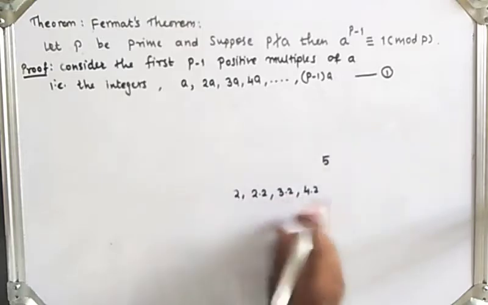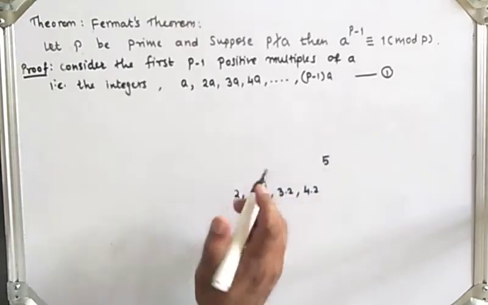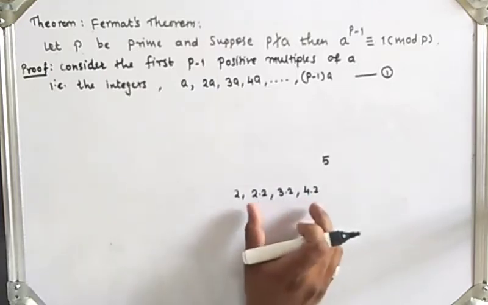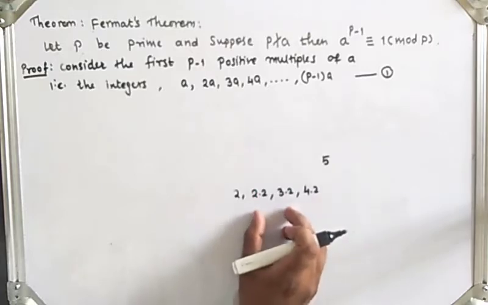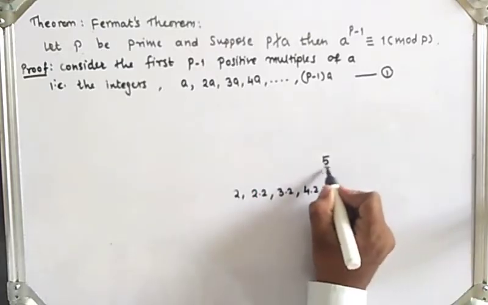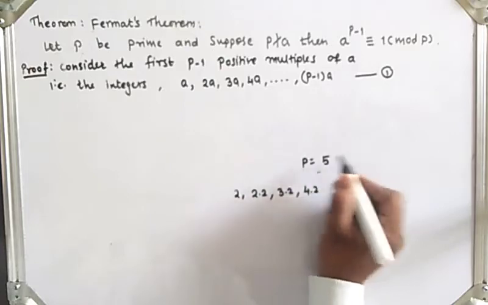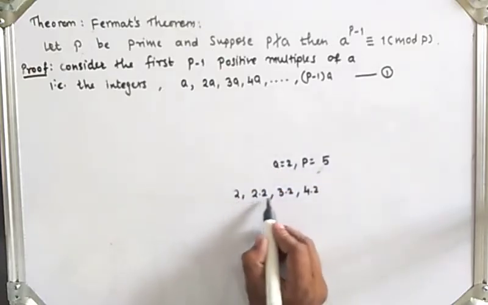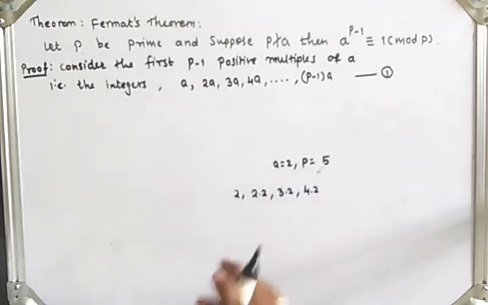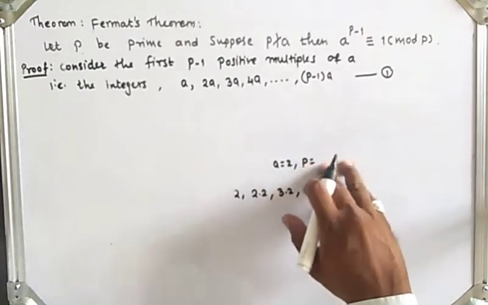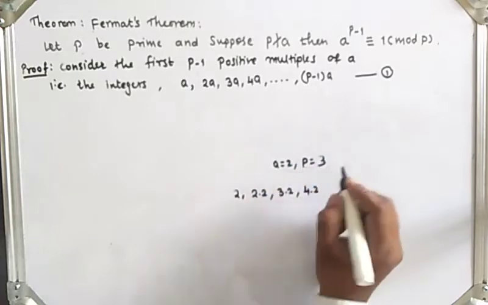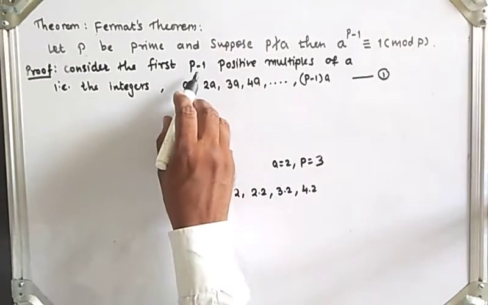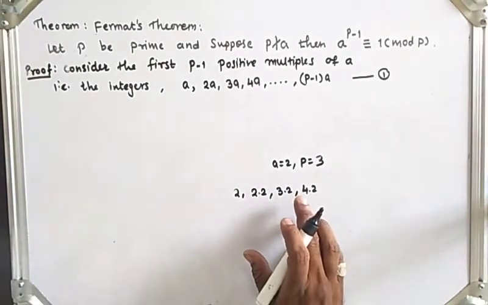These are 4 positive multiples of 2. So when divided by 5, there are no two numbers which give the same remainder. So here P is 5 and I take A equal to 2, so 2 into 2, 3 into 2, 4 into 2. Or if I take 3 as the prime number, then P minus 1 means the first two positive multiples of A.